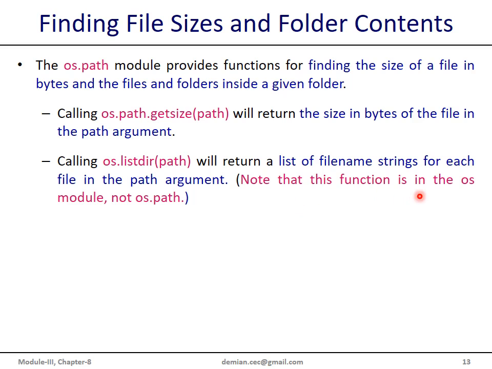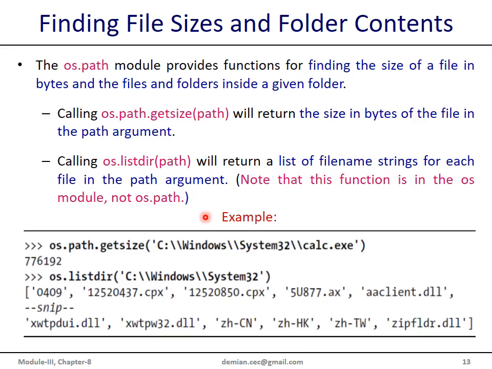Note that this function is in the os module, not in os.path. This is an illustrative example where getsize of this exe file returns the number of bytes, and listdir of this path, the folder System32, results in a number of files and subfolders.